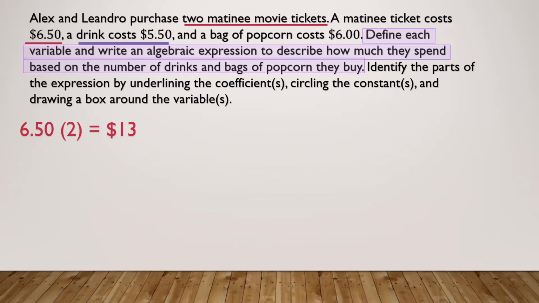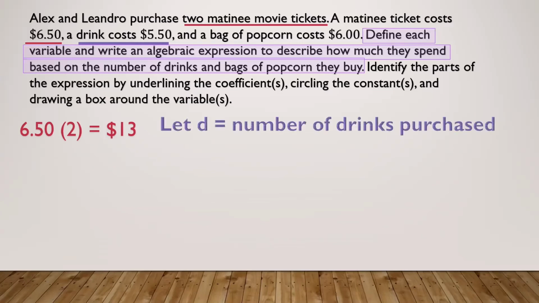Well, do we know how many drinks they purchased? Well, they might have done one each, but someone could have gotten a Coke and an icy. Or someone could have gotten a water bottle and an icy. We don't know how many different drinks they bought. So we have to say D is the number of drinks purchased.